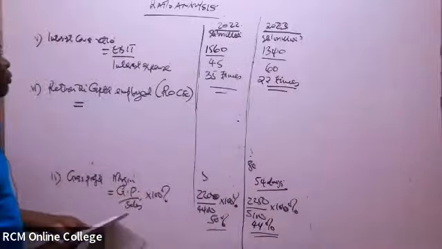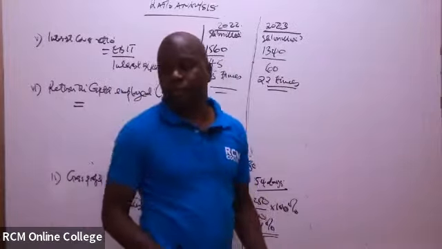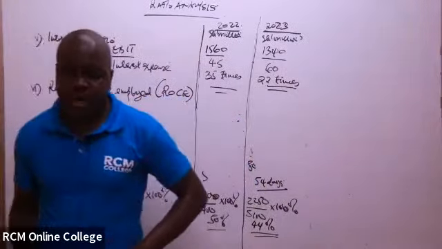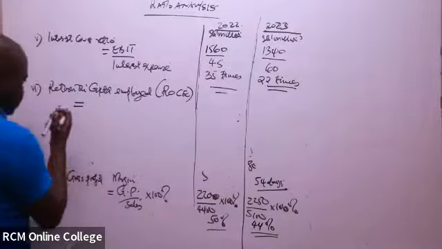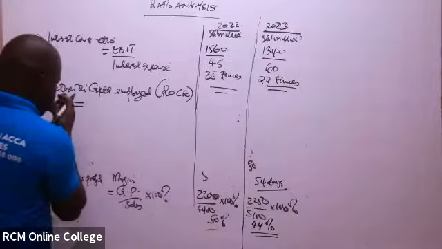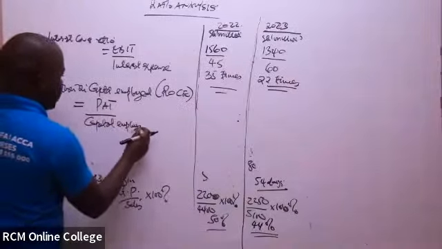You'll take the profit after tax. It's supposed to be profit after tax over the capital employed. And of course, the capital employed can be the net assets, or you can take total assets minus total liabilities.